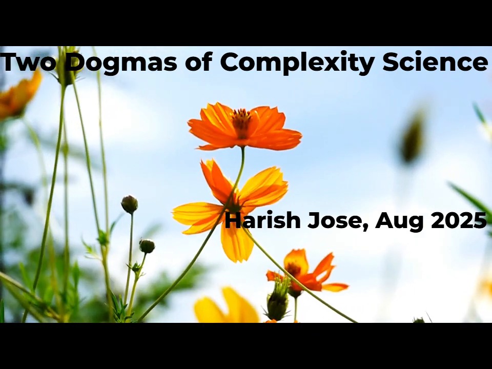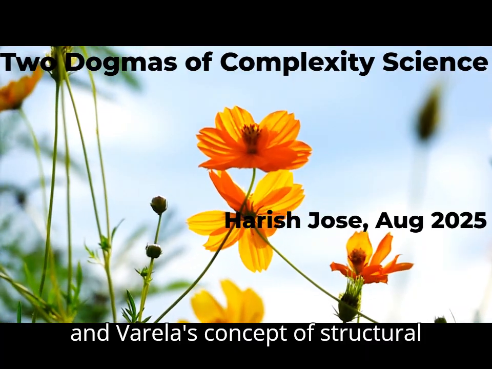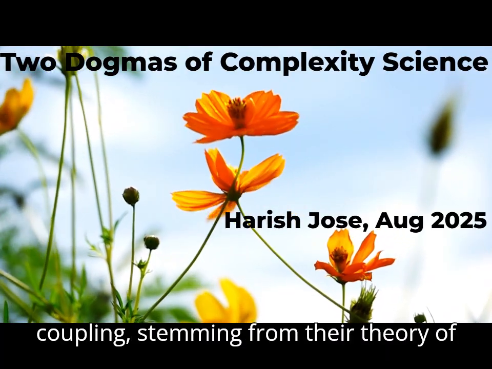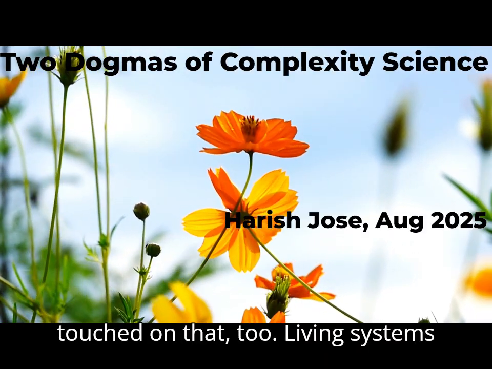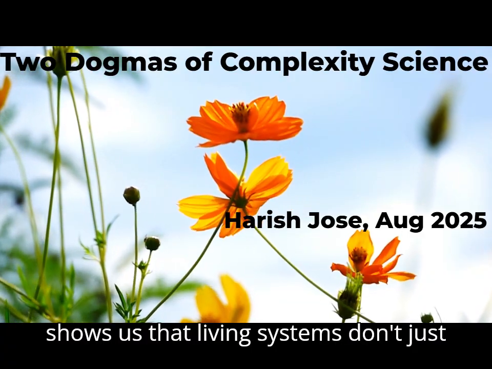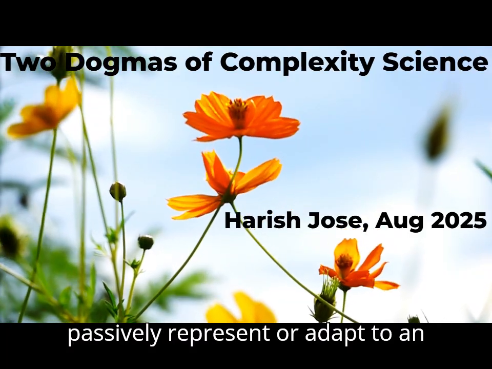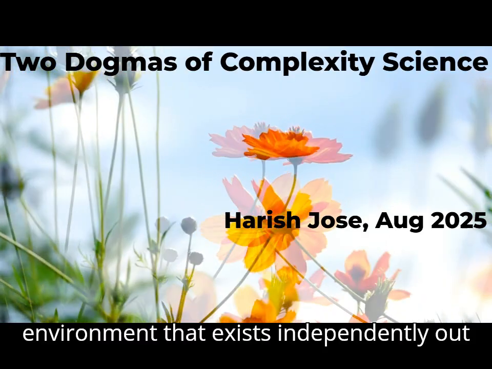Okay, that's the first strand. What's the second? Second, Harris draws heavily on Maturana and Varela's concept of structural coupling, stemming from their theory of autopoiesis and living systems. We touched on that too. Living systems enact their world. Right. Their work shows us that living systems don't just passively represent or adapt to an environment that exists independently out there.